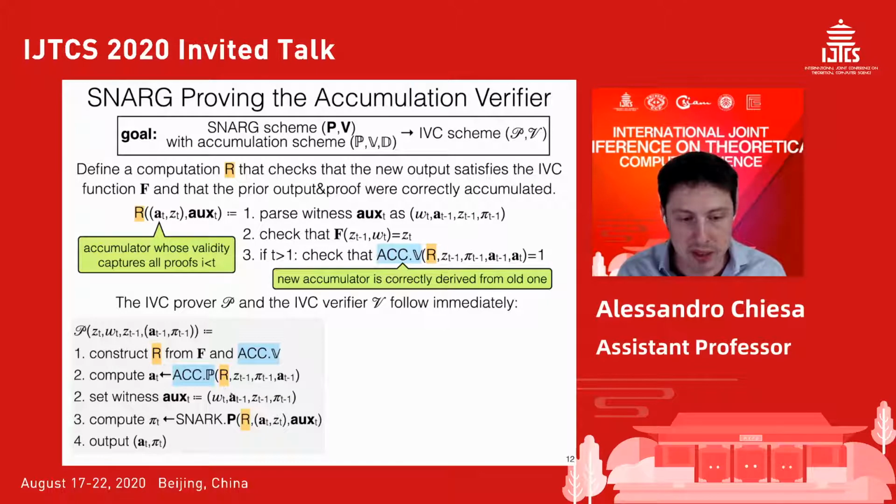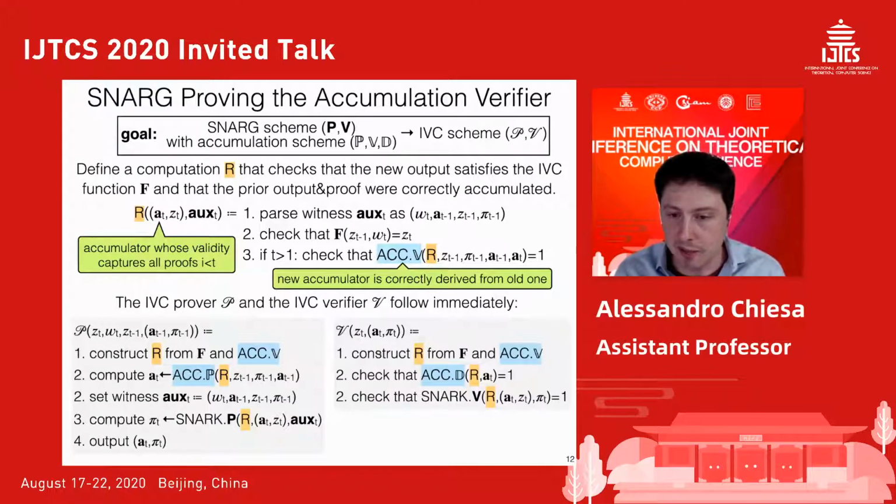I put it in the auxiliary input. I put it in the input to the circuit. And now I prove that this recursive circuit that we saw above accepts this input AT and ZT. And now I output, basically as a new proof in the IVC scheme, the snark proof and the accumulator. All right?